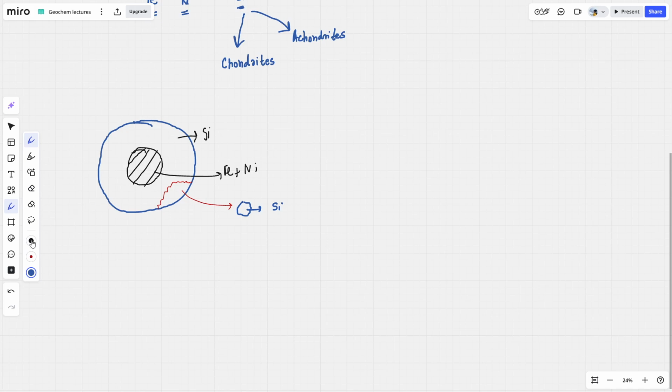Whereas if this complete blasting takes place and we get different kinds of fragments, and say we get a fragment on our Earth from here, what will it be? It will be mostly iron and nickel, right? Fine. So differentiated planets that explode or are hit by large asteroids can produce different types of meteorites.